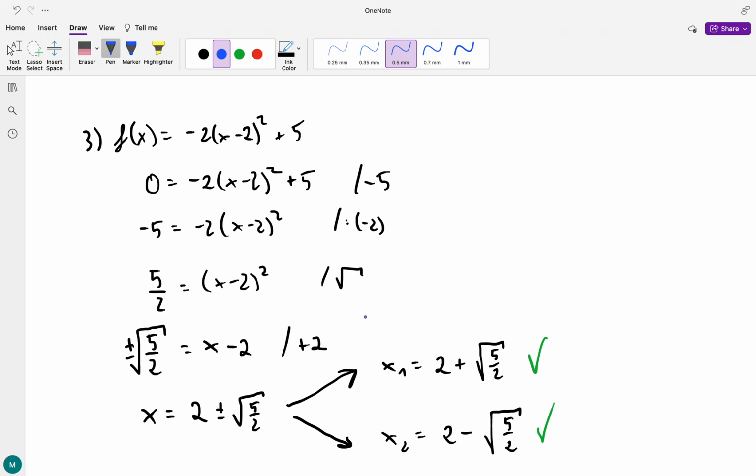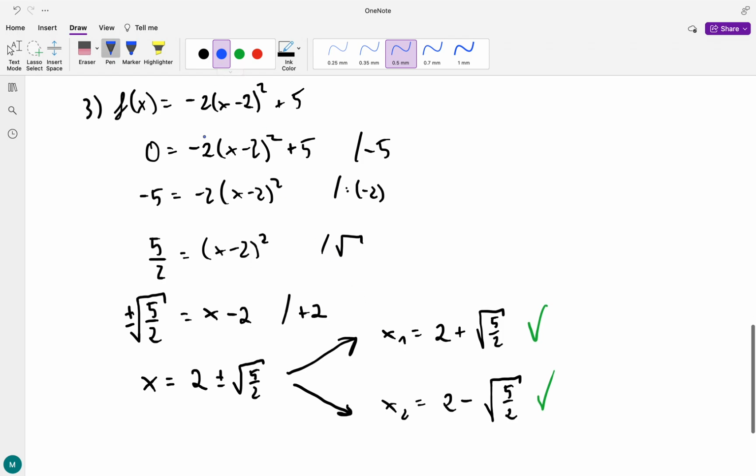And lastly, if you're dealing with the vertex form, you're going to proceed the same way. You're going to make your function equal to 0, but you have to be mindful of this step. Whenever you take a square root of something, keep in mind that it becomes both positive and negative.